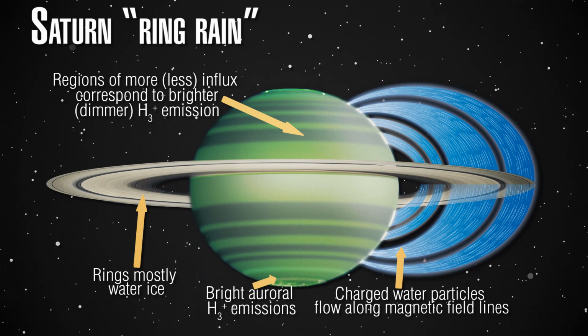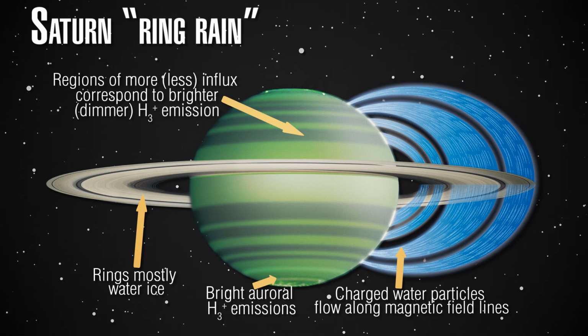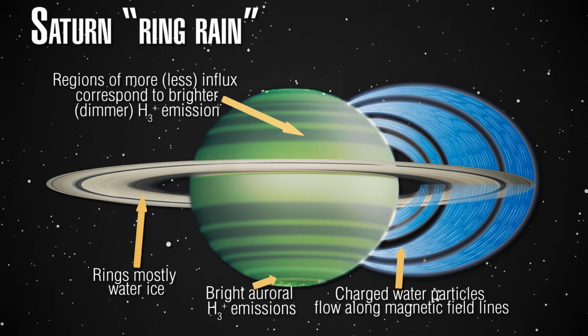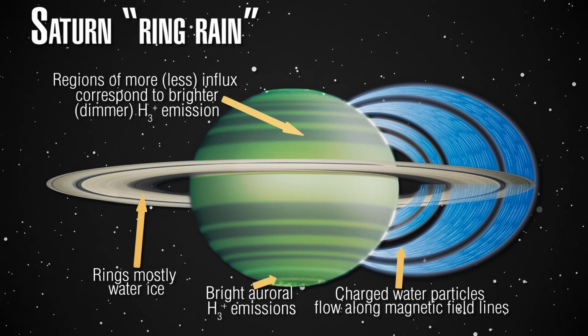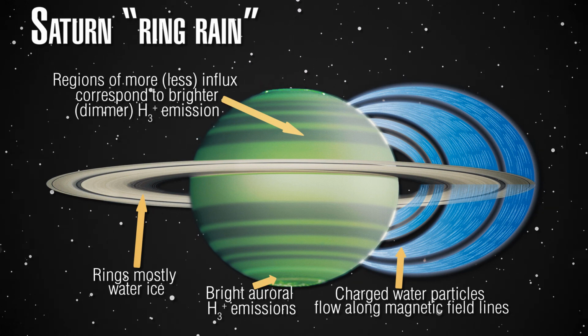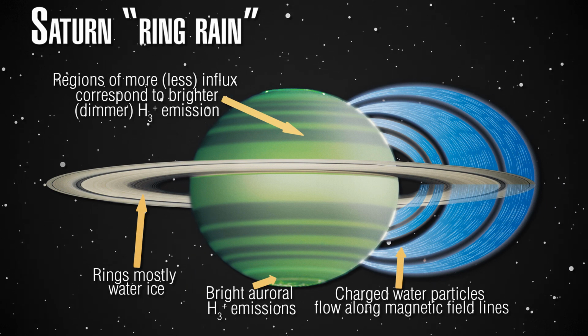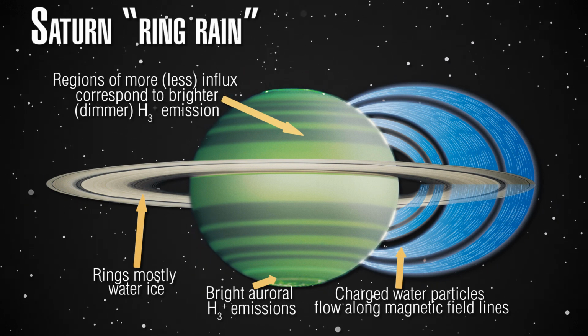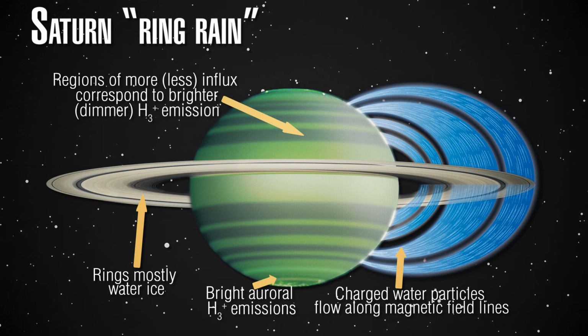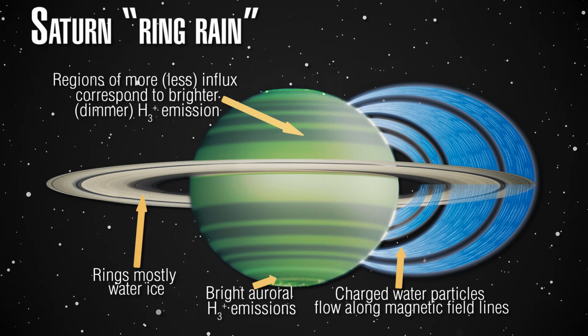I should also mention how you might expect to have charged particles in Saturn's rings. Saturn's rings are predominantly like 99% pure water ice. However, meteorites, micrometeorites, or photons or other energetic particles can impact the rings.